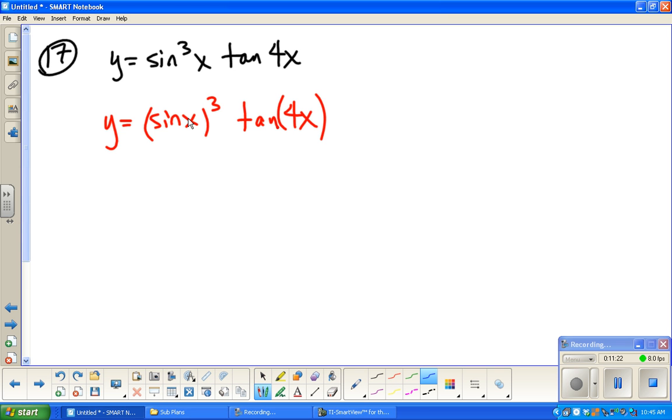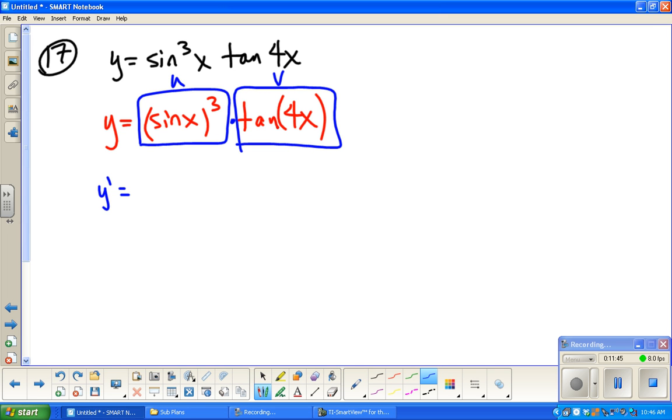All right, so the other thing that you need to see here is how is this thing connected to this other thing? That's a product. That's multiplication. So shockingly enough, if it's a product, I'm going to use the product rule. So this is u, this is v.